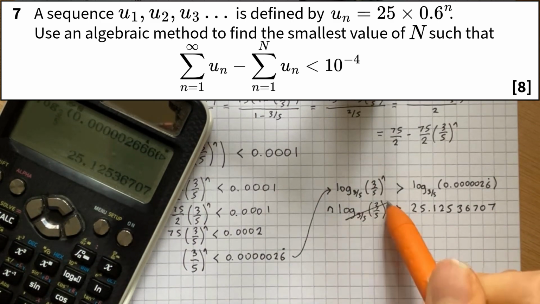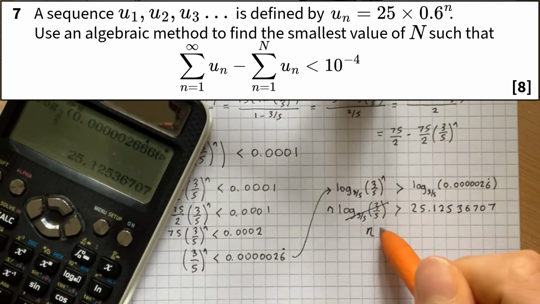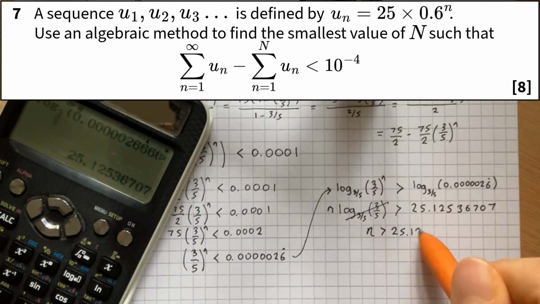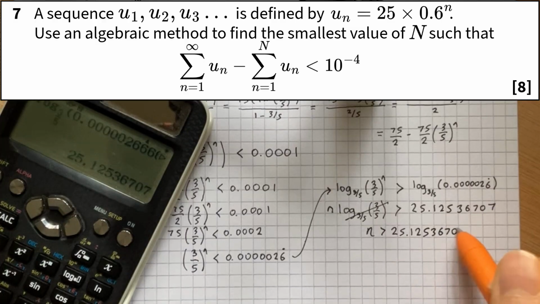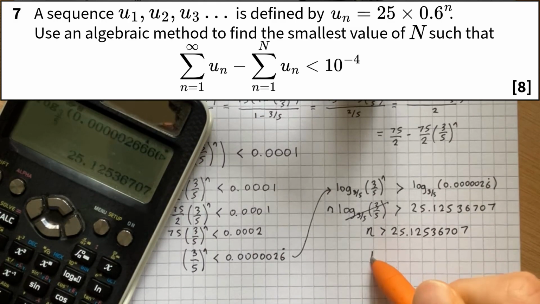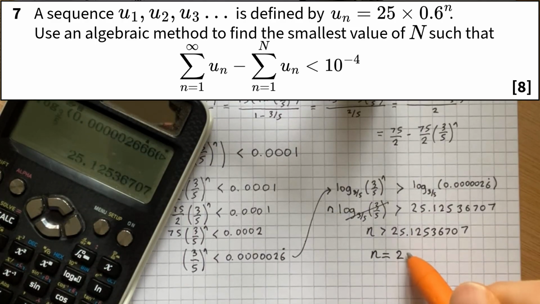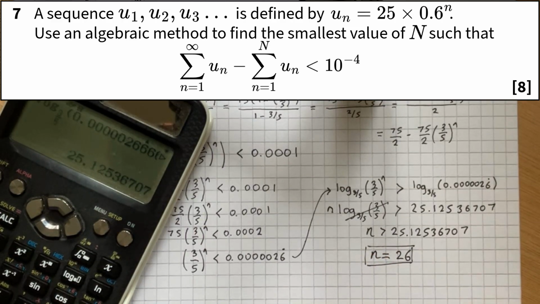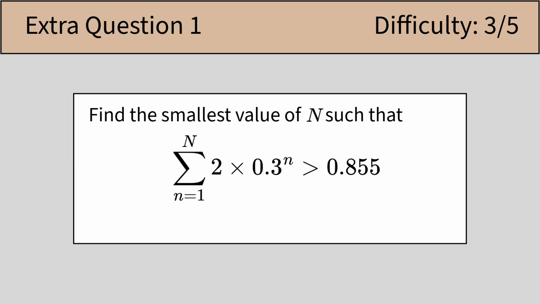Now, log base 3 over 5 of 3 over 5 is 1. If you're not confident on your log rules, feel free to go back to the log videos. So n is bigger than 25.12, blah, blah, blah. So n must be 26 because it's the first value that's bigger. And again, it probably should be capital. Have a go at these two.